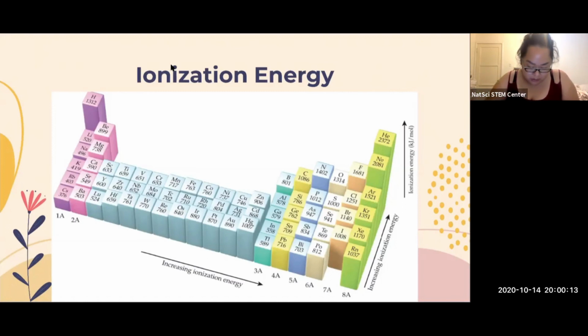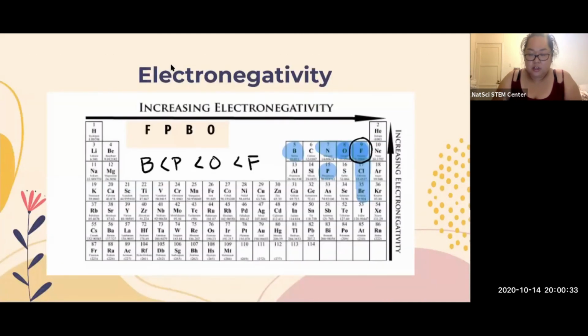So we'll keep this chart, and ionization energy increases as you go to the right and as you go up. So it's basically the same as your electronegativity.